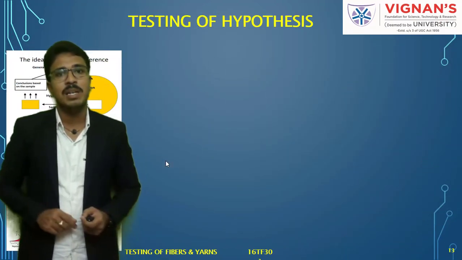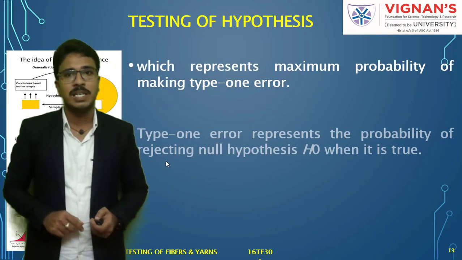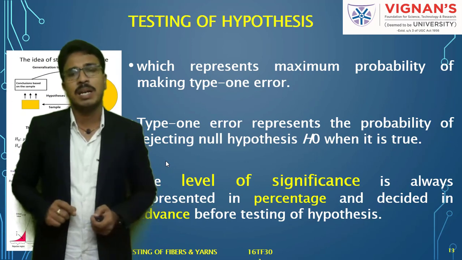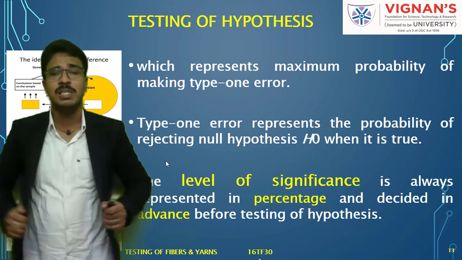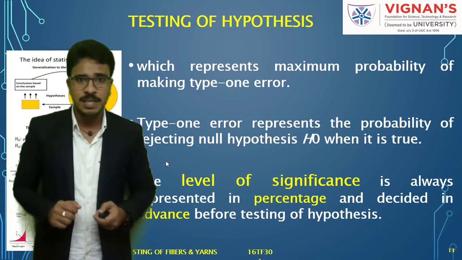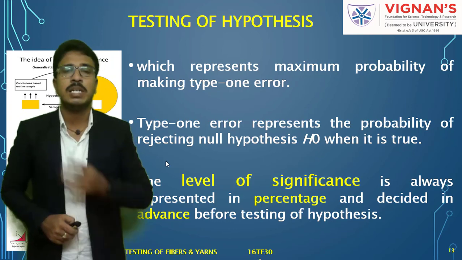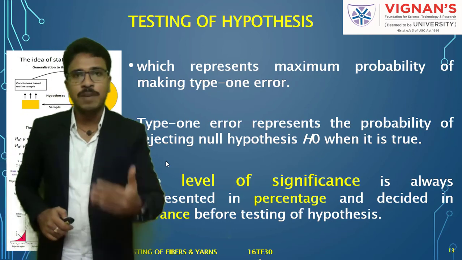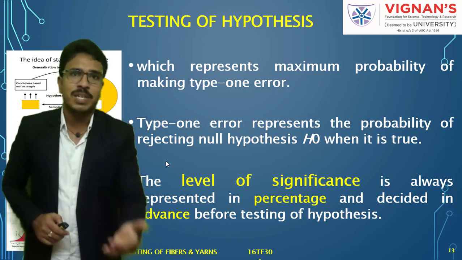The level of significance is always represented as a percentage, and it is decided in advance, before testing of hypothesis. That means before testing the hypothesis, we should decide the level of significance.